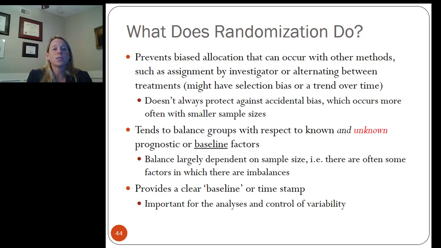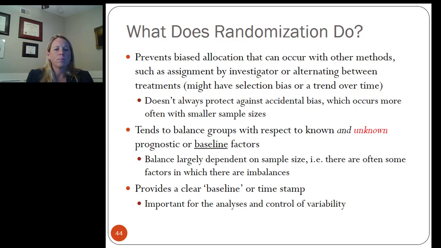Now, what randomization does is it prevents the biased allocation of exposure or treatment to subjects that we know can occur with other methods. It also tends to balance the treatment groups or treatment arms with respect to known and unknown baseline factors. This is an important characteristic of randomization that is unable to be achieved with any other type of study design.